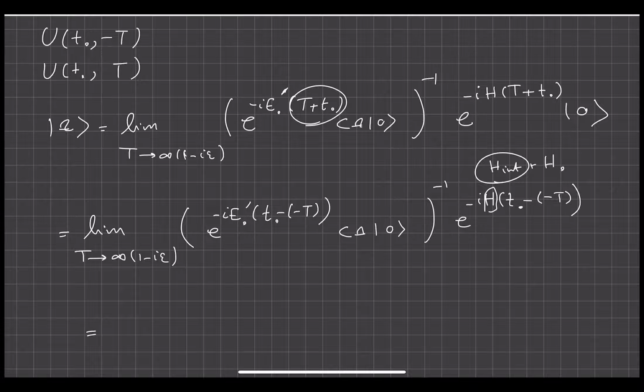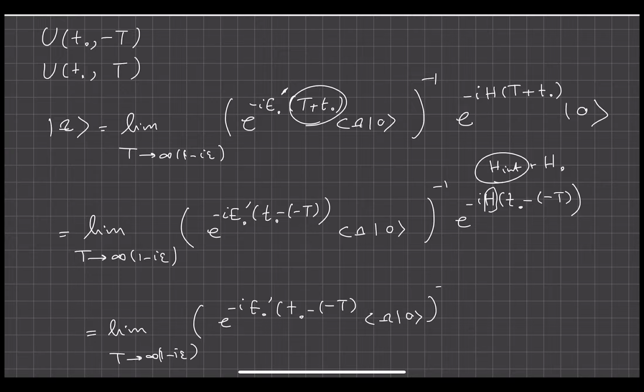So for the interaction picture, I'm going to have limit of t goes to, everything is the same, and then here I'm going to have exponential of minus h0 times t0 minus t, times exponential of minus h int times t0 minus t, acting on the state 0.